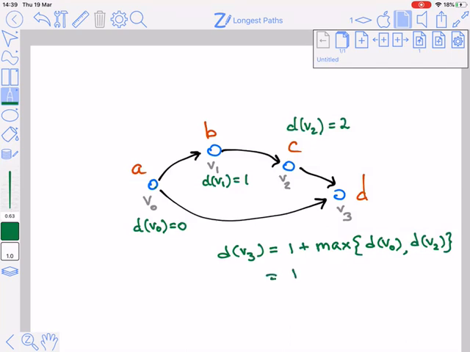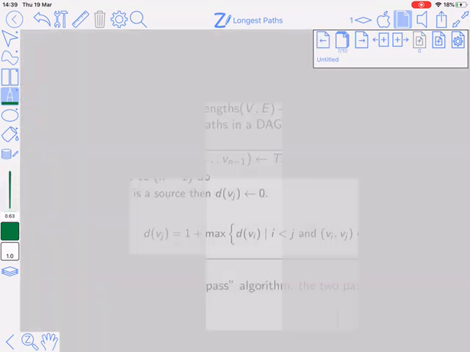Now, d of v0 is 0, and d of v2 is 2. So we conclude that d of v3 should equal 3. Okay, this explains an execution of the algorithm on a small graph.